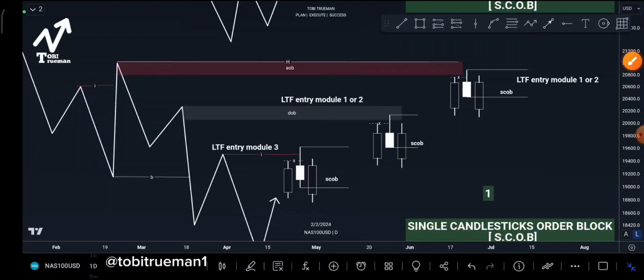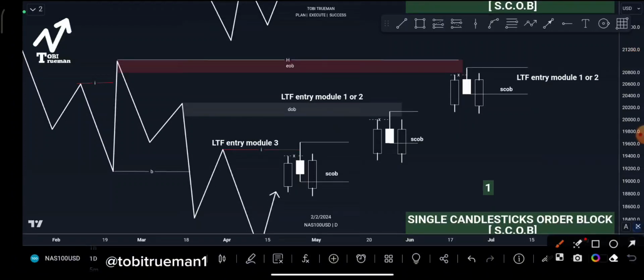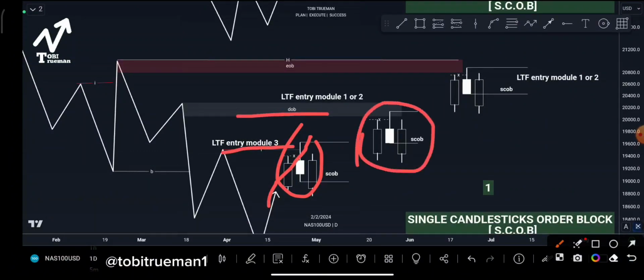Then what if price did not give this type of formation? Price just closed above this inducement point. Then when it comes to this decision order block, price can give all this type of formation. We can also enter, but this time around we are going to use entry module 1 or entry module 2. If this type of formation also forms on the extreme order block, we are going to use entry module 1 or entry module 2.